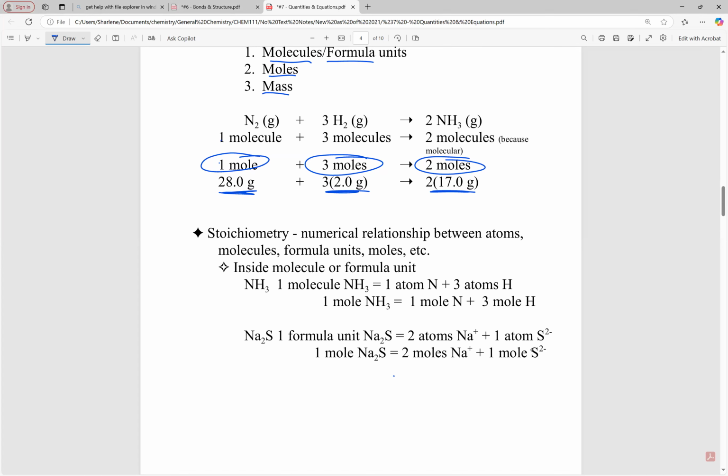All right, I'm going to distinguish between inside and outside. If you are talking about inside a molecule, that is the number of atoms in one molecule.